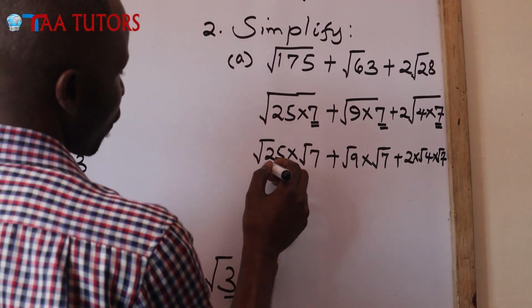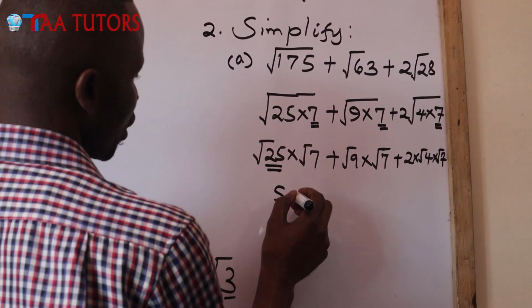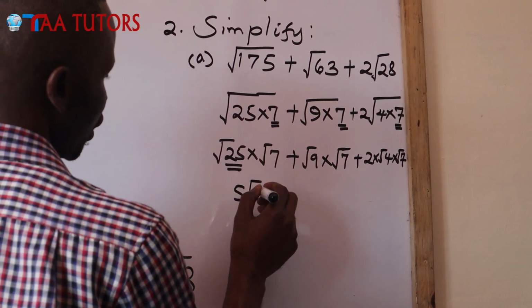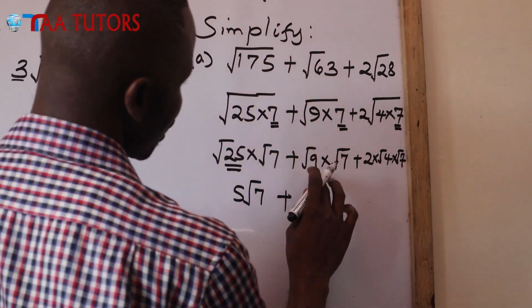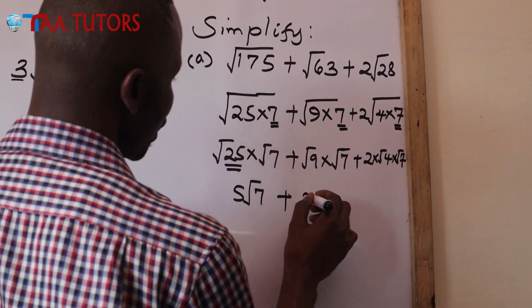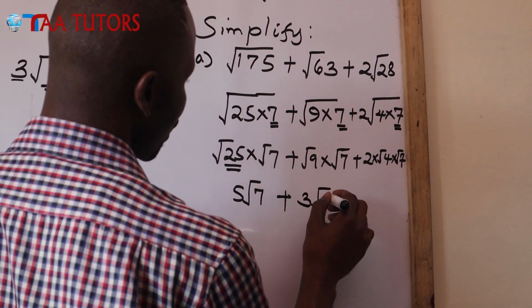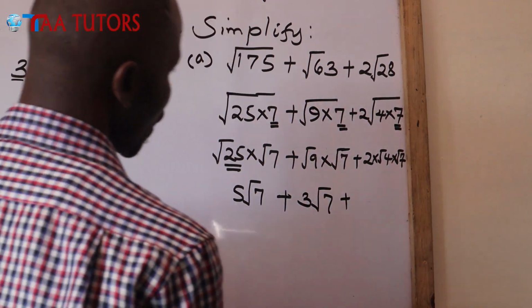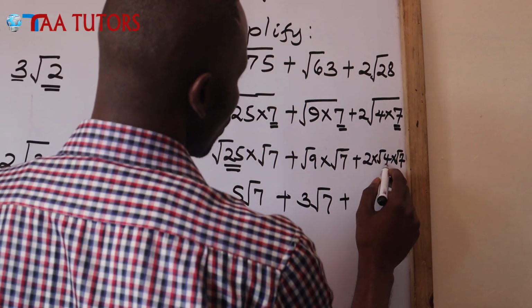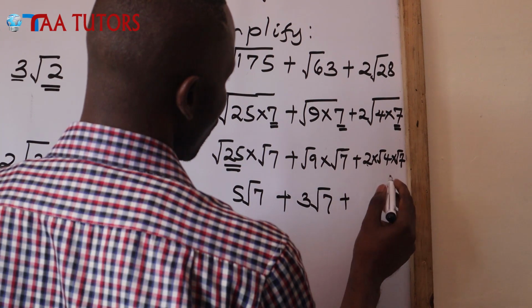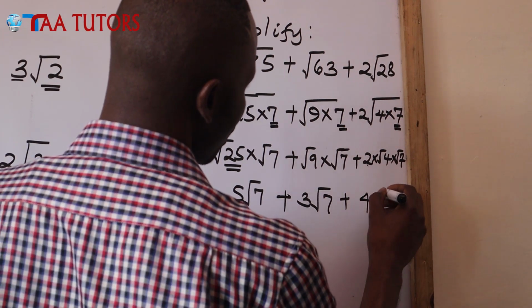So surd 25 is 5, 5 surd 7 there, plus surd 9 is 3, so 3 surd 7, plus surd 4 is 2, and 2 times 2 here is 4. So therefore we have 4 surd 7.